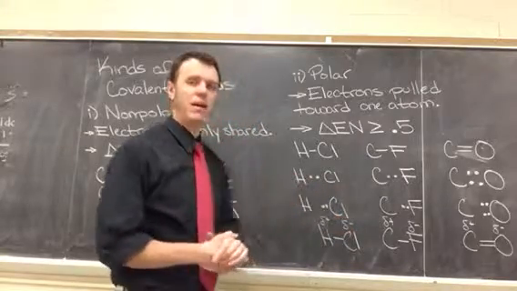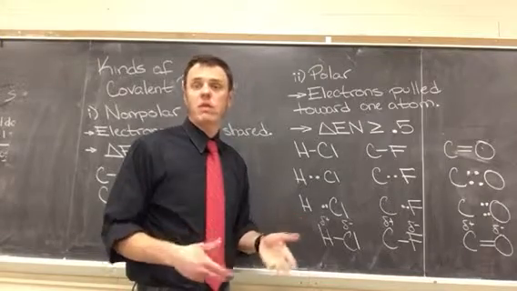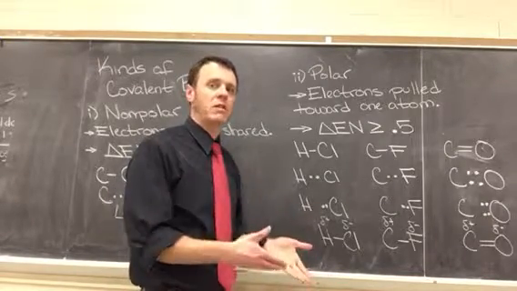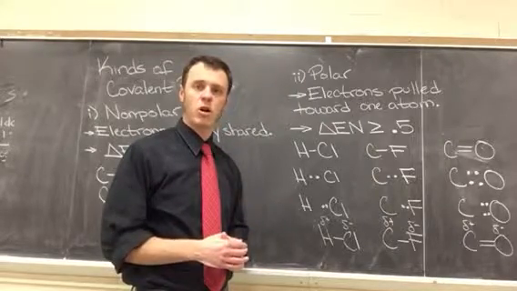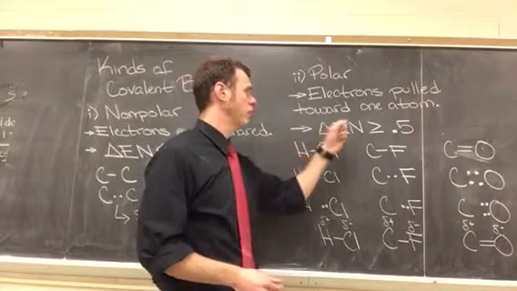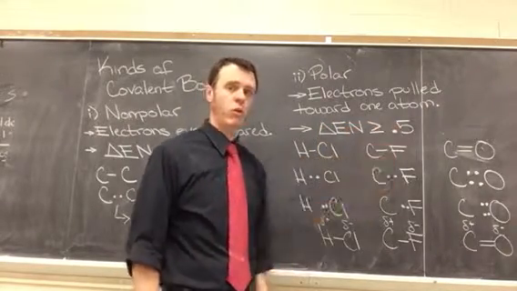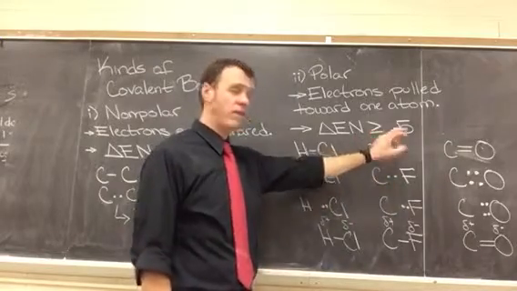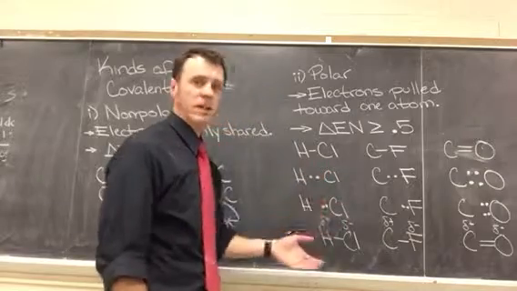When we start talking about compounds, we want to think about things as positive and negative, because that's how we look at the atom. We have negative electrons, we have positive protons. So we can start talking about difference in charge that way. So here we get polar bonds when we have a difference in electronegativity that is greater than or equal to 0.5. So if the difference is 0.5, we consider that a polar bond, all right? So there's three examples I have here.